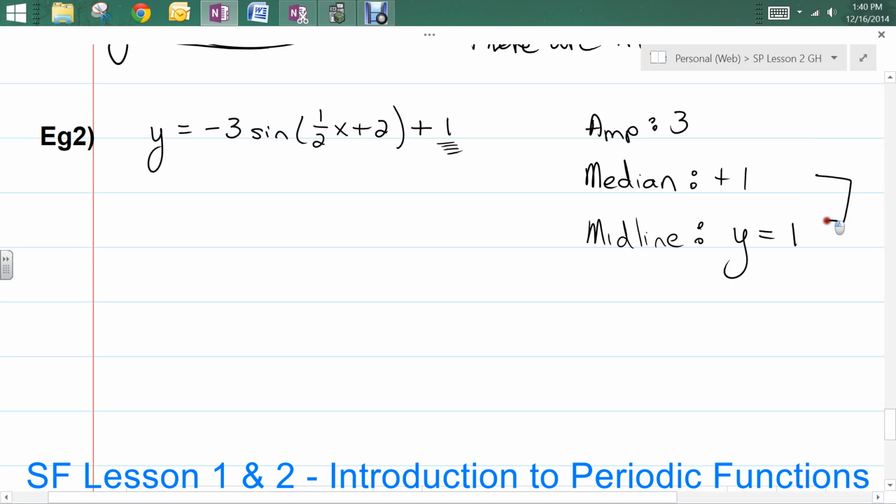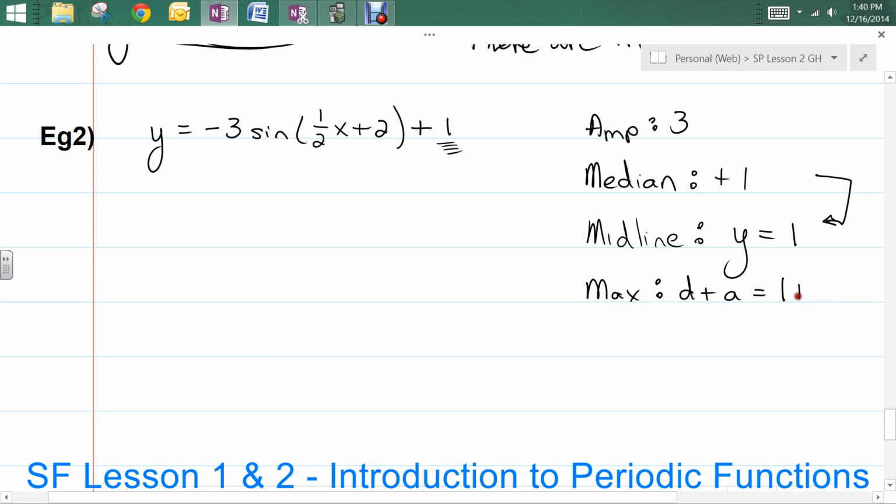It's exactly the same number as the median, just you have to have the y equals, because without the y equals, it's not the equation of a line, it's just a number. So it doesn't actually work. The maximum value is the d value plus the a value.